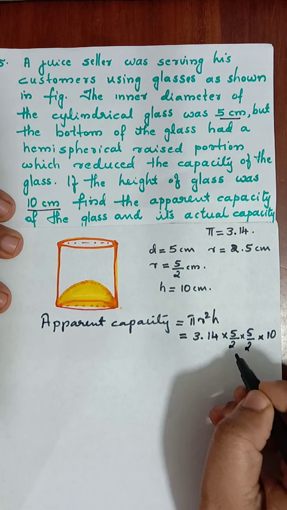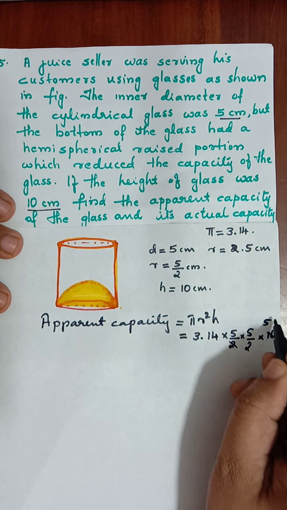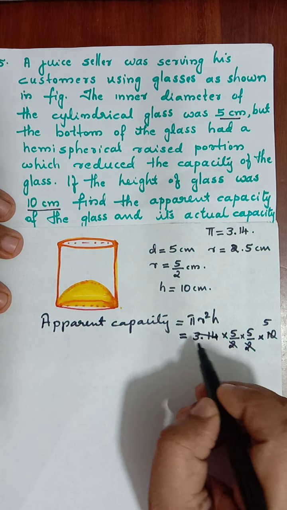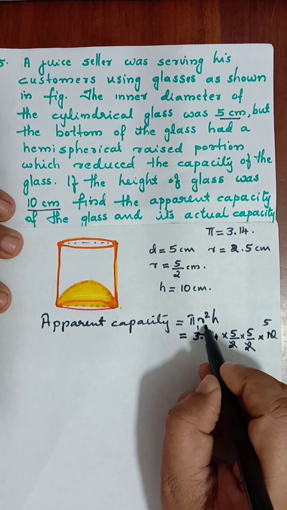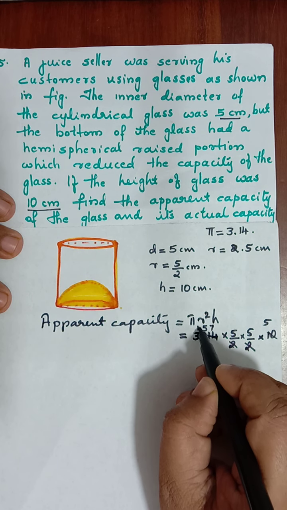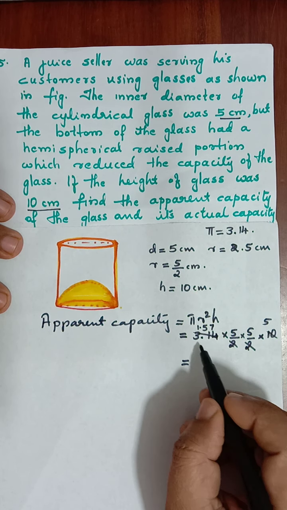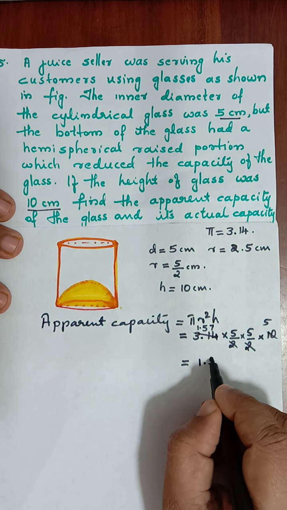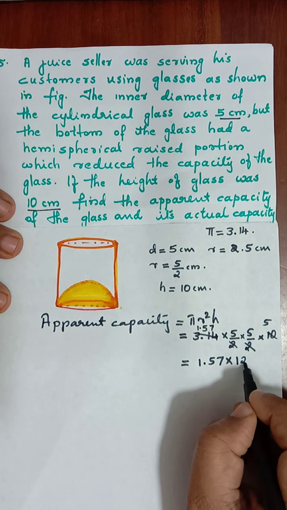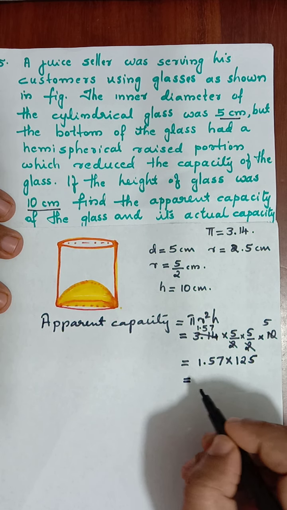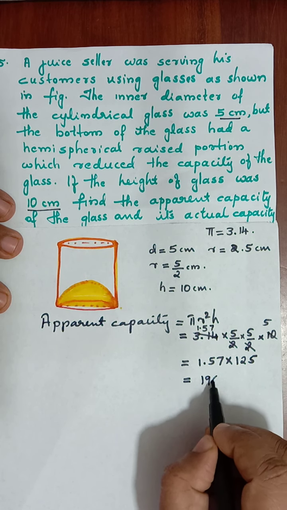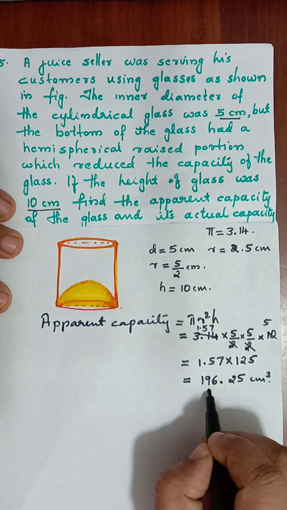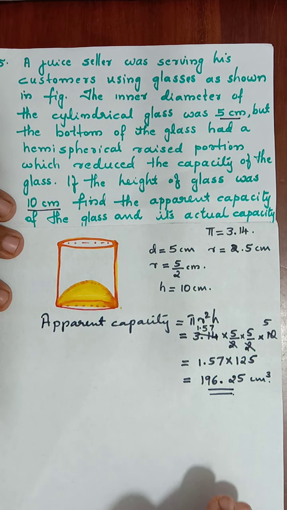H is 10. So let us cancel this. We are getting 5 here. Then 3.14 also can be cancelled. We will be getting 1.57. 1.57 into 5 is 25 into 5, 125. 1.57 into 125. Multiply both, you are getting the value 196.25 cm cube. This is the apparent capacity of the glass.